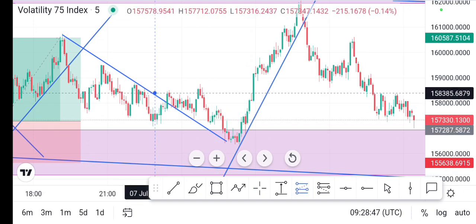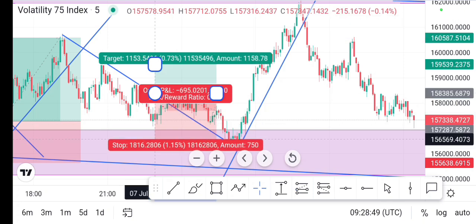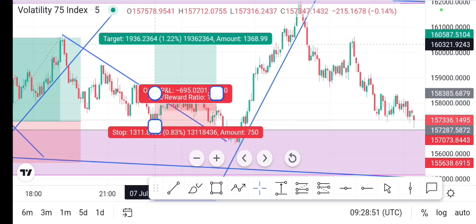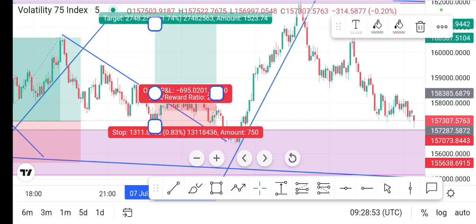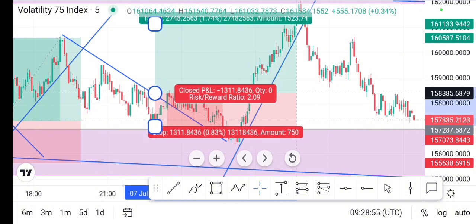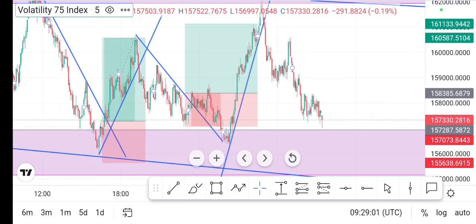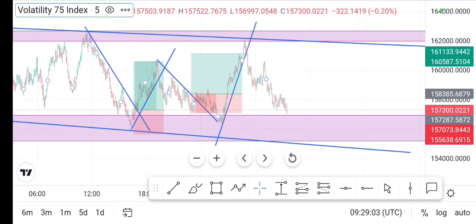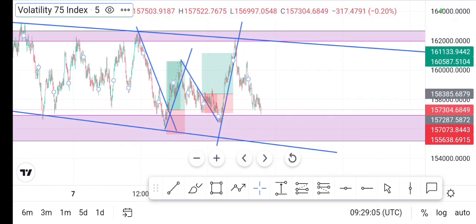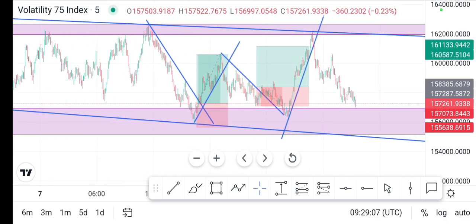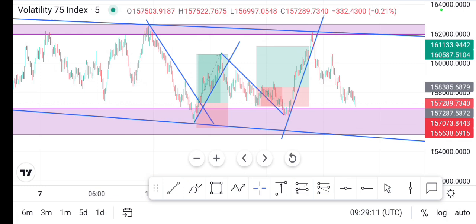Then on minute 15, you put stop loss below, take profit above, and come this side, and you can see the SL was hit. That is the problem of trading on a consolidation or trading on a ranging market. You can win and sometimes you don't win. That is the problem. Are you getting the point?